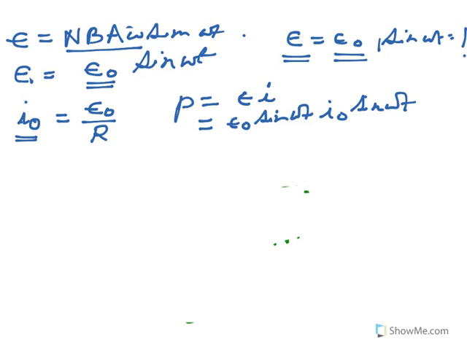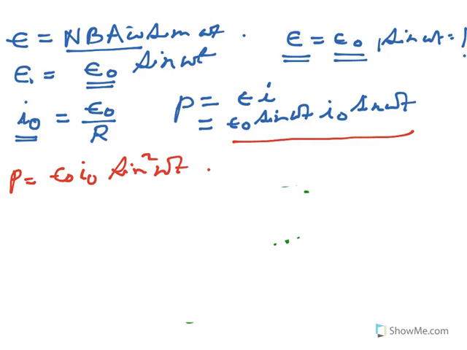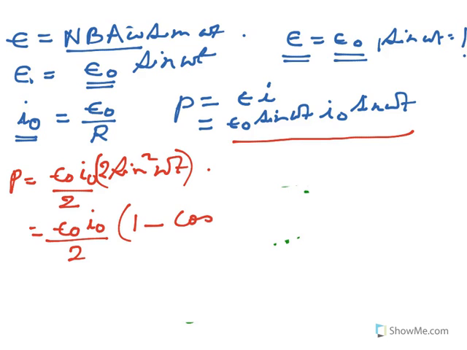So power is equal to E0 sin omega t times I0 sin omega t, which can be written as E0 I0 sin square omega t. We multiply and divide by 2 so that the same thing can be written as E0 I0 by 2 times 1 minus cos 2 omega t.